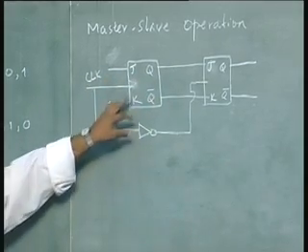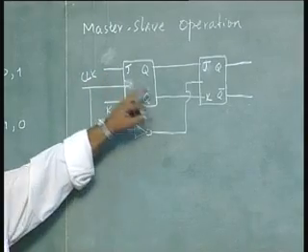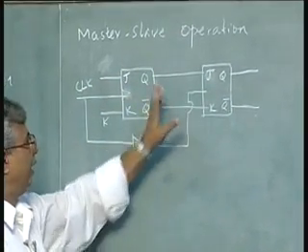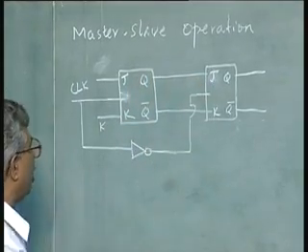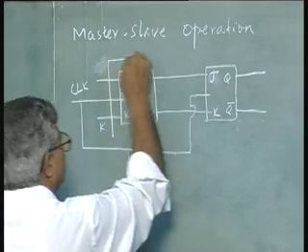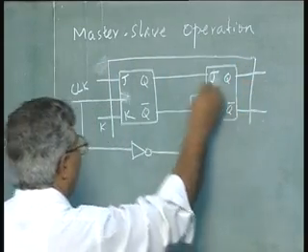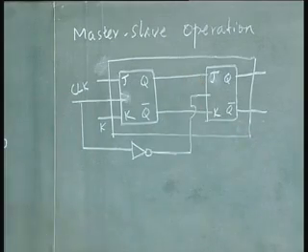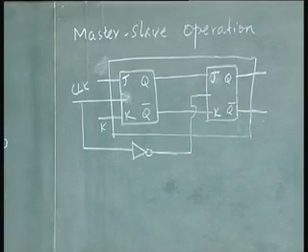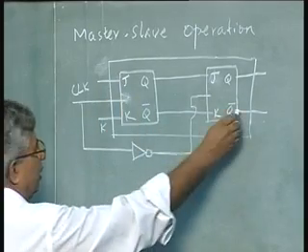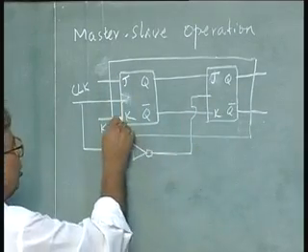That means even though the input can change and toggle, we cannot get this input passed on to this one. I don't have access to these inputs from inside. The feedback is overall. This input gets feedback from here, and this input gets feedback from here.